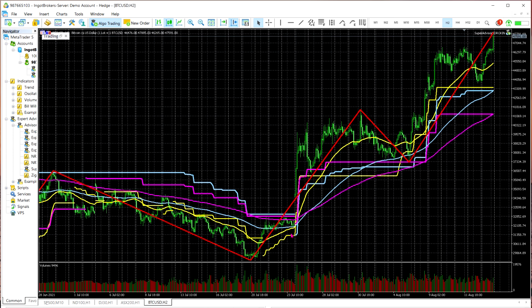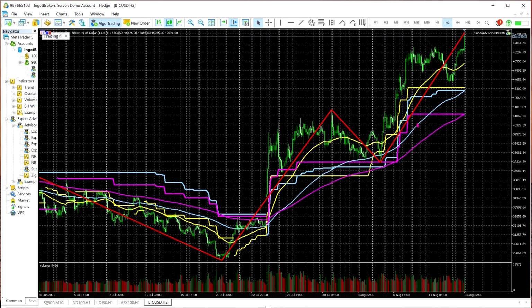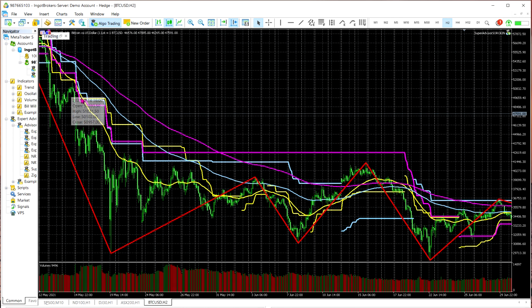The bearish trend lasted up to the 23rd of July, and you see the moving averages and our indicators flipped at one point. Our indicators and moving averages are still pointing higher because our indicators control the fractals, the highs and lows of the price, and the logic of the indicators.